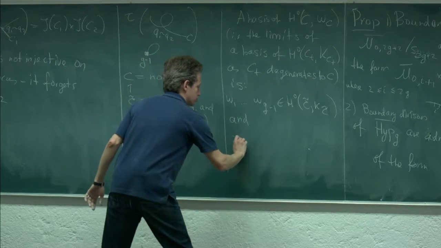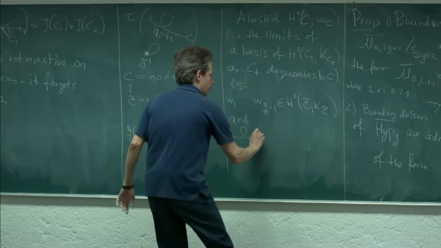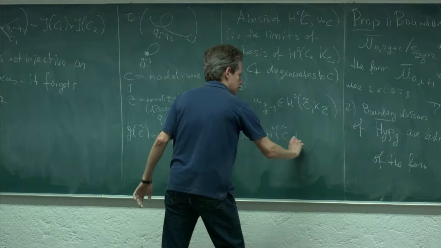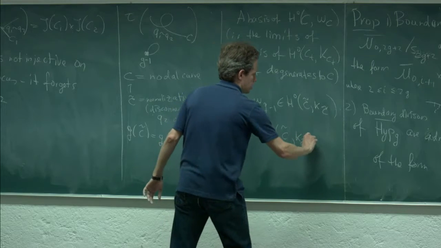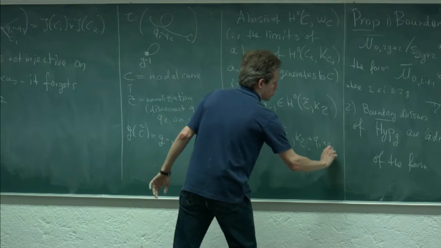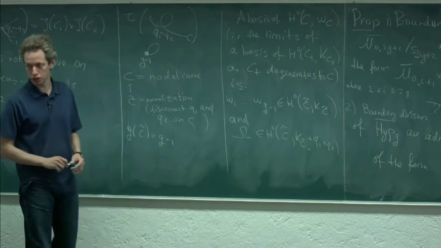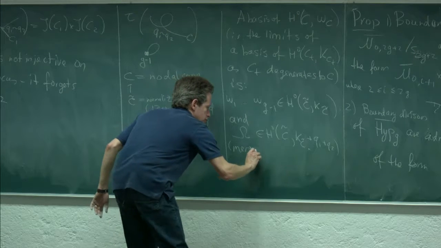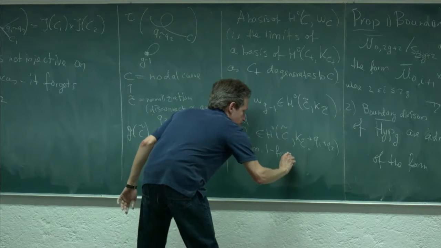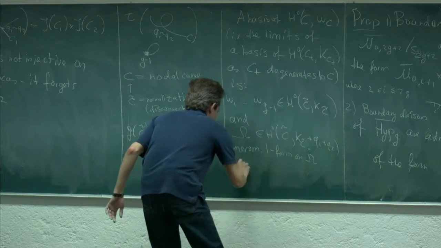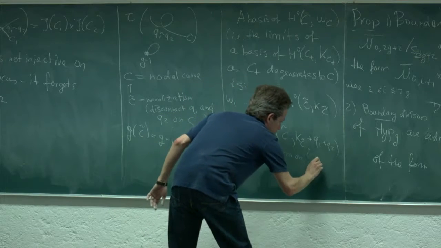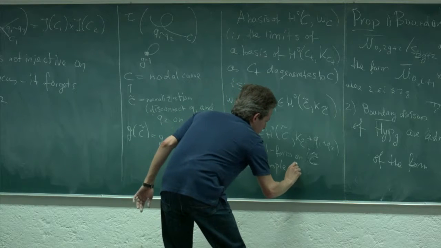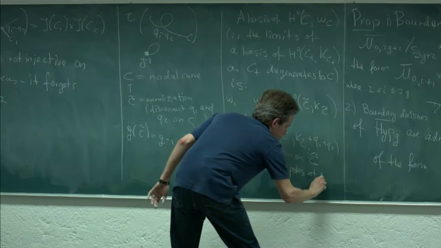And some differential, let's call it capital Omega, which if I think of it as a differential on C twiddle, on the normalization, it has simple poles at Q1 and Q2. So this is, in simple terms, a meromorphic one-form on C twiddle with simple poles at Q1, Q2.